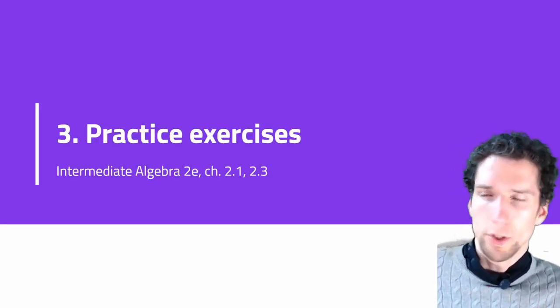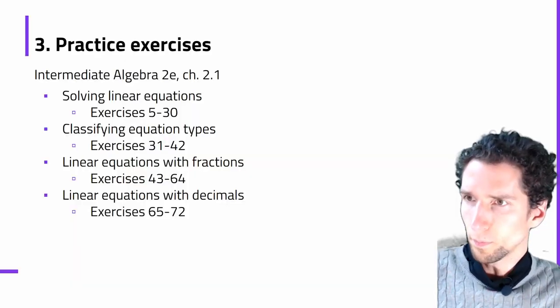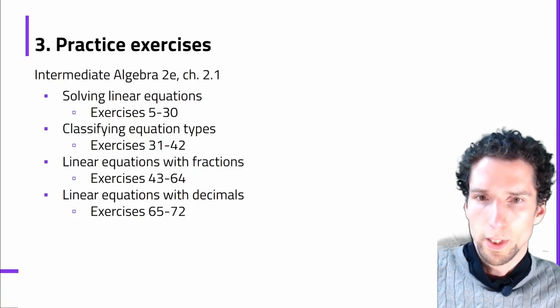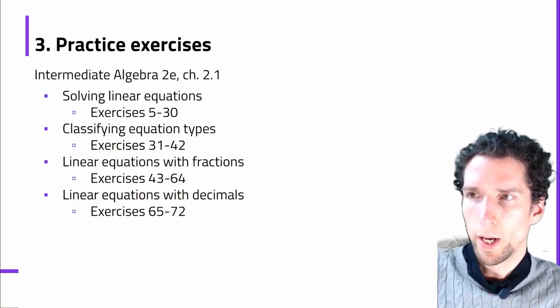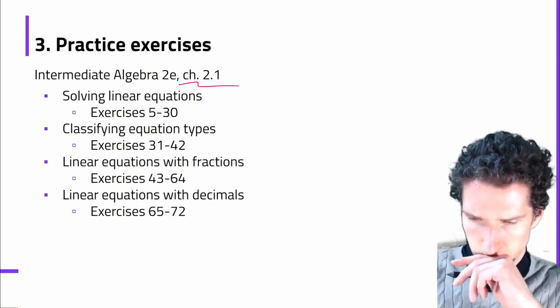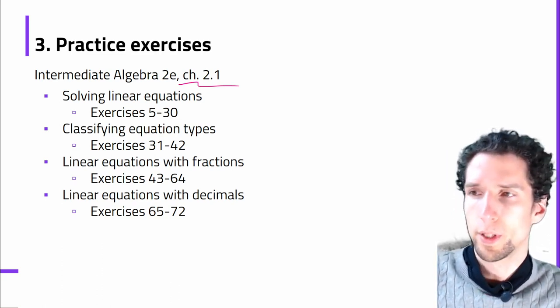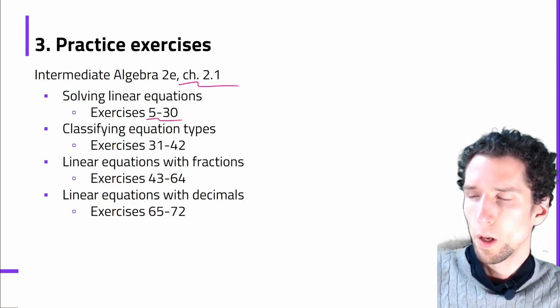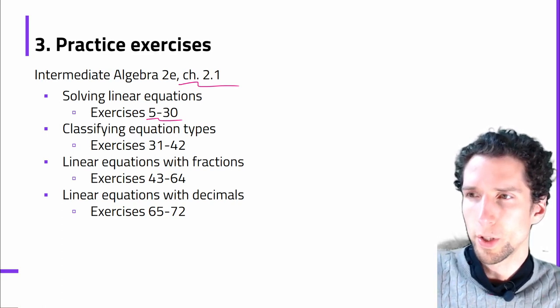Okay, I'll just show you some practice problems and then that's it for this one. So just solving linear equations, nice simple ones here. These are all in chapter 2.1 from our intermediate algebra textbook. Exercises 5 to 30 here, just about solving linear equations.